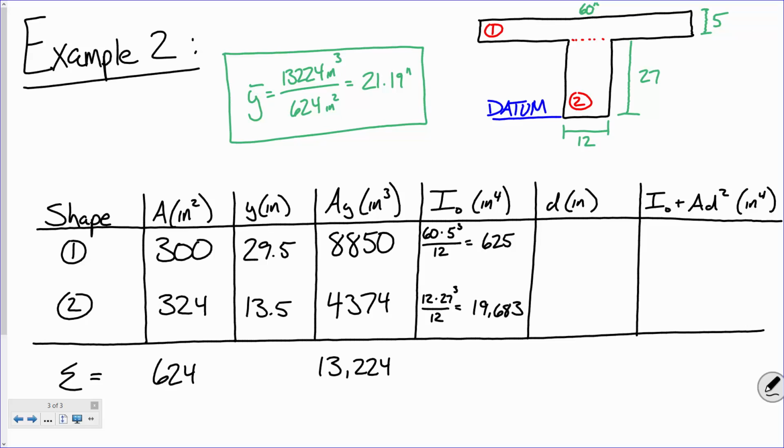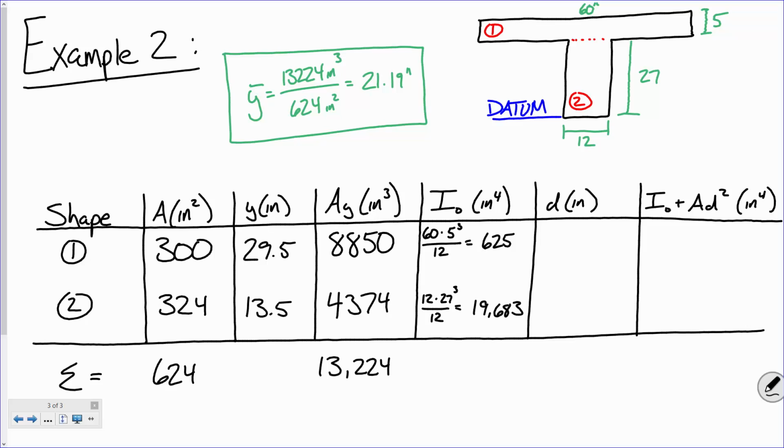Actually, the nice thing about what's coming is that everything else in this whole table is very plug and chug. Okay? I'll tell you why. In order to apply the parallel axis theorem, what do we need? We need the I sub naught values, which we have. We need area values, which we have. We need d values, these distances.